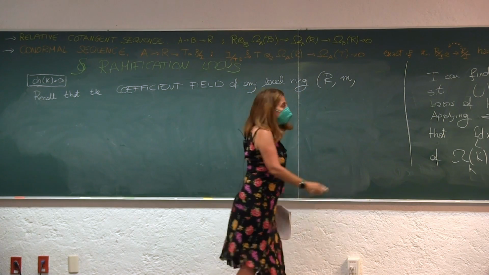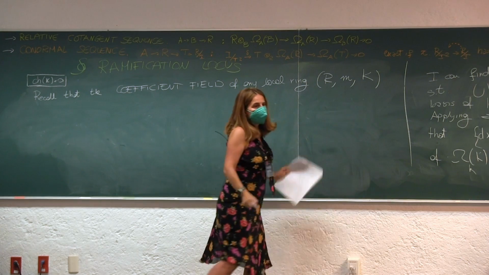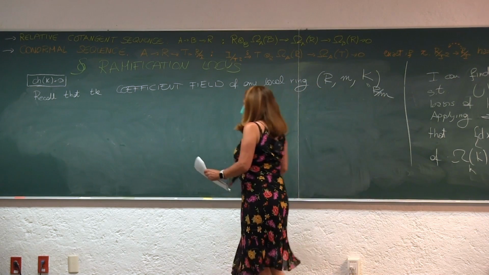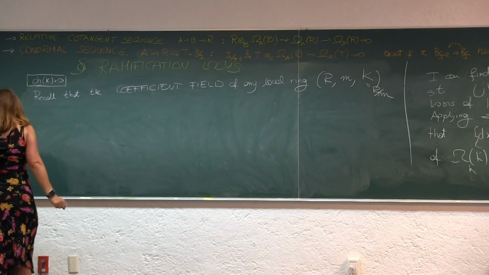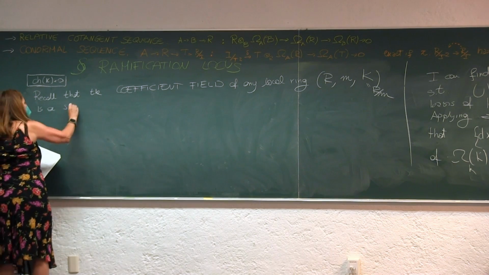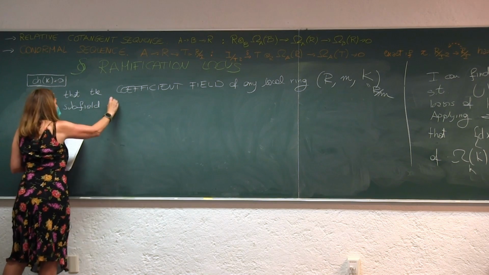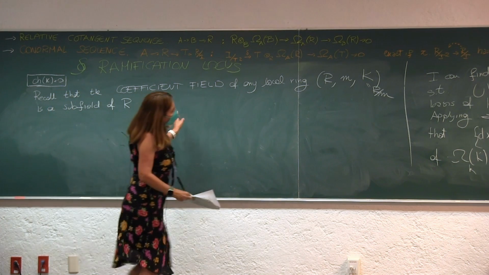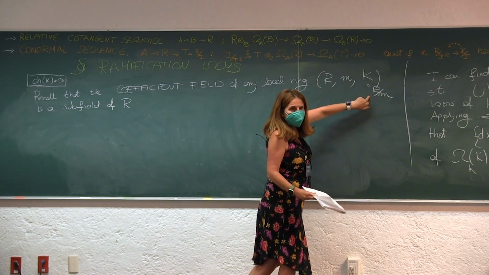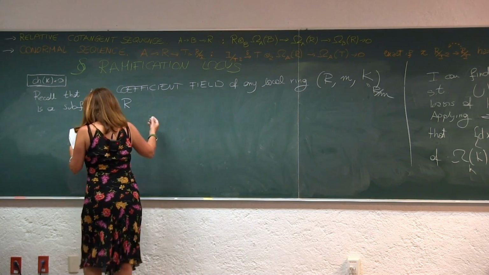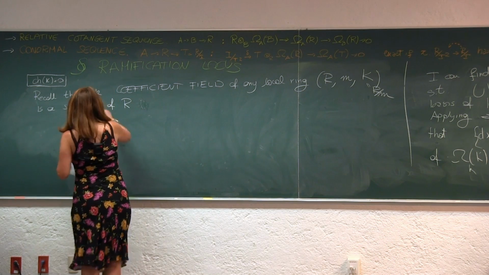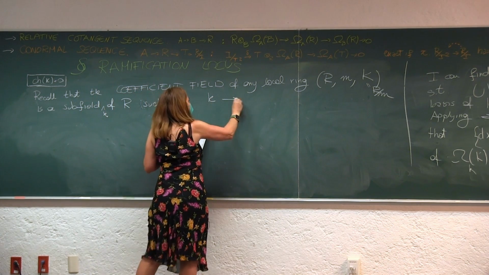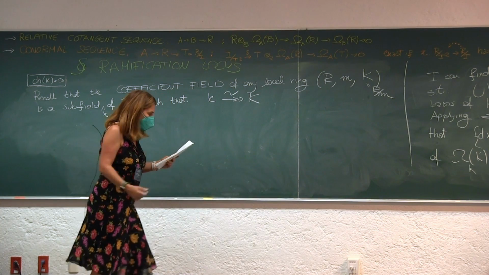M is the maximal ideal, and the last guy, K, is the residue field, R over M. So if I am in a local ring, what is the coefficient field? It is a subfield of R that maps isomorphically to K, to big K. So there is a subfield, let me call it little k, of R such that little k and big K are isomorphic. Okay?